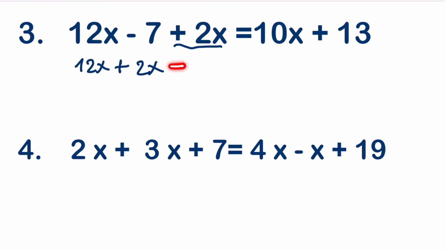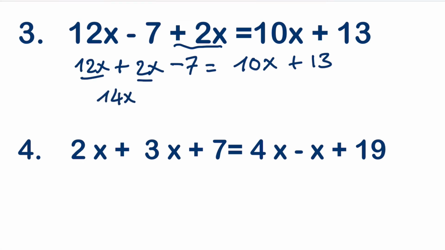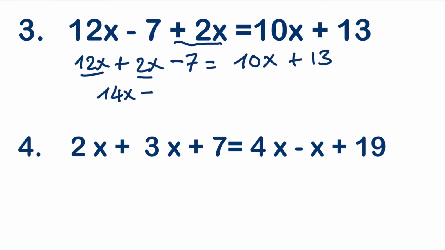Minus this 7 should be equal to 10x plus 13. If we add the like terms together, 12x plus 2x will give us 14x minus 7 should be equal to 10x plus 13.